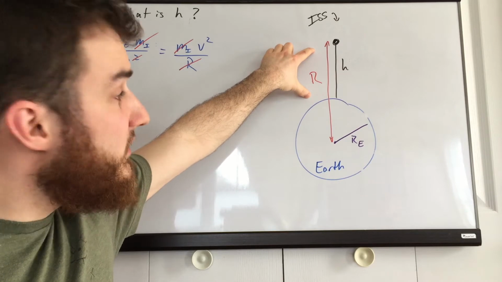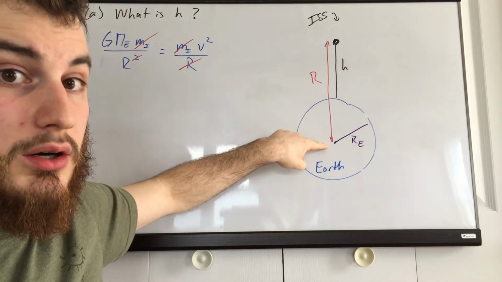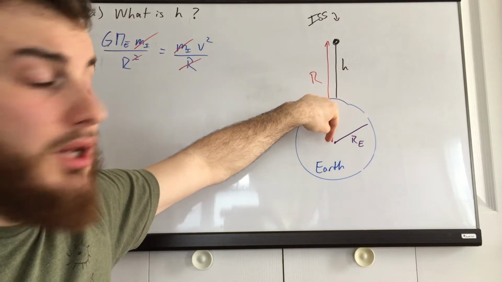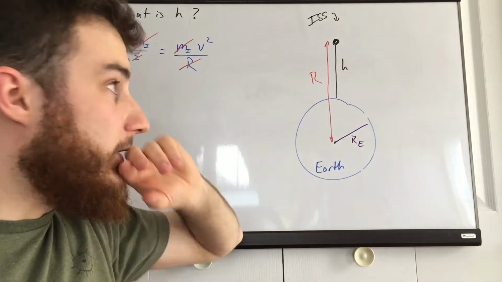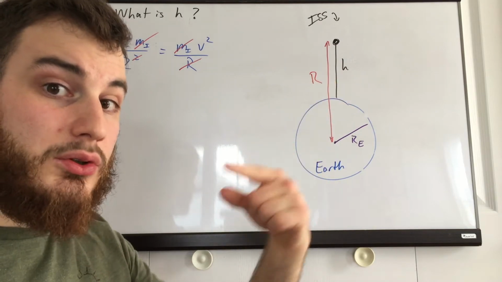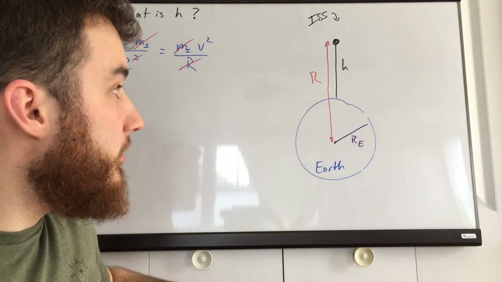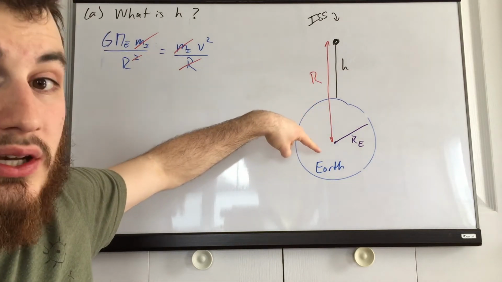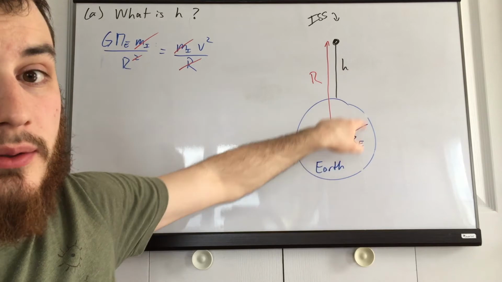We don't know what this is. We don't know what this big R is that we find in here. We do know R_E here. And every time you have the Earth and you're trying to find the altitude, you'll need to consider the radius of the Earth in the center-to-center distance. By this construction, we can see that R, big R here, this center-to-center distance, is simply R_E plus h.